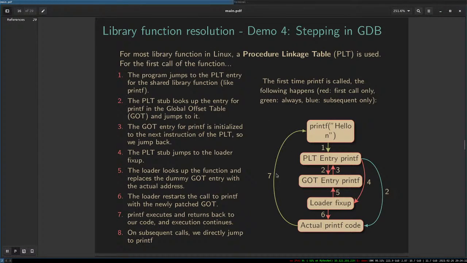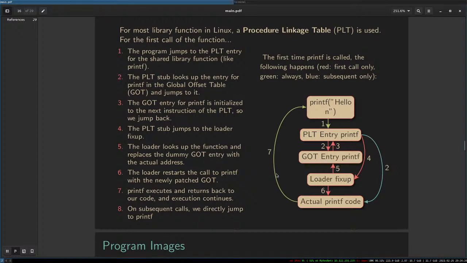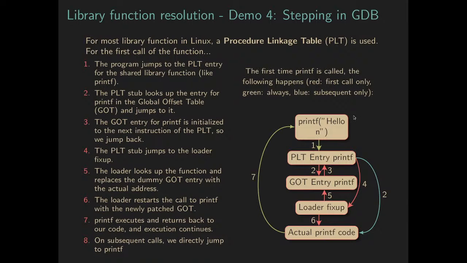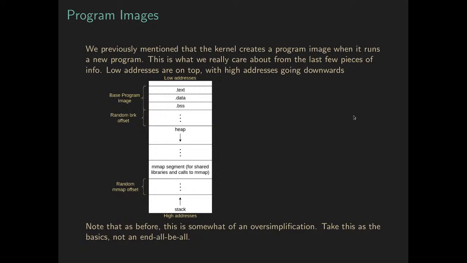So let's go back here. Now I want to briefly talk about program images. Briefly, I mentioned how the kernel loads a program into memory, and you call that a program image.